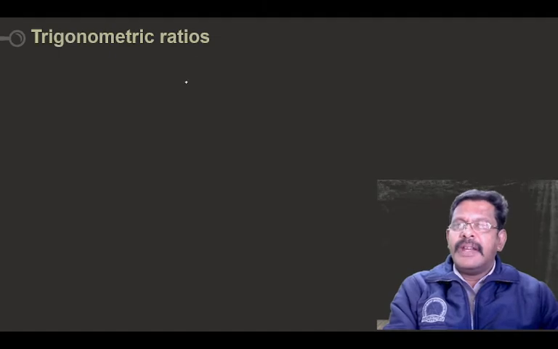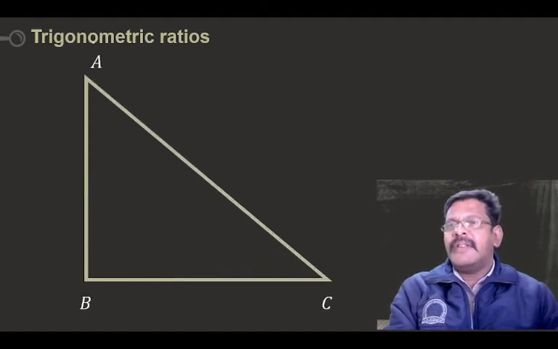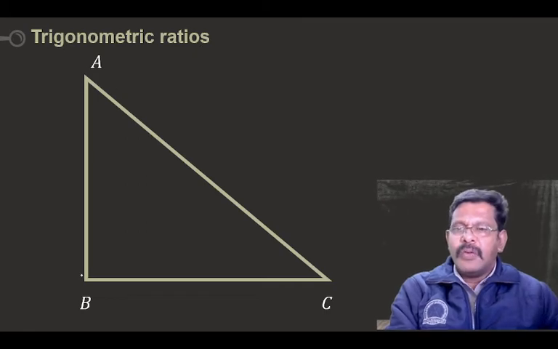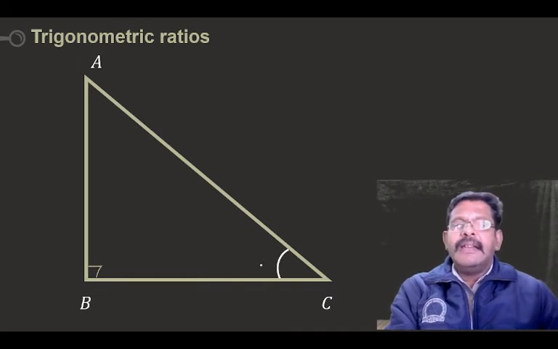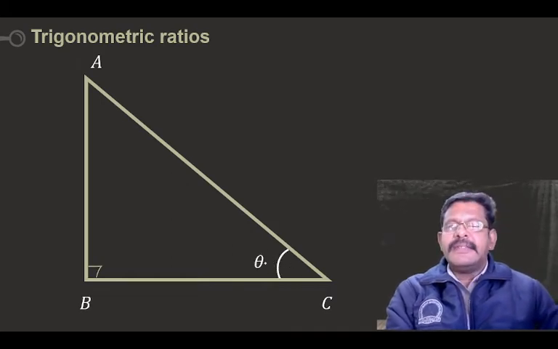Now, trigonometric ratios, there are three. Whenever we want to read about these trigonometric ratios, we always go for a right angle triangle. Okay, so ABC. There I am marking an angle. I will call this angle theta.